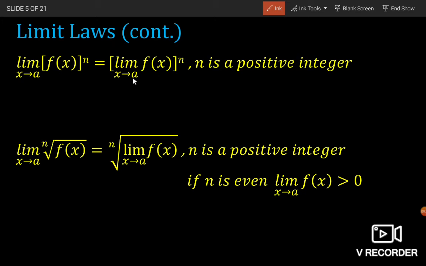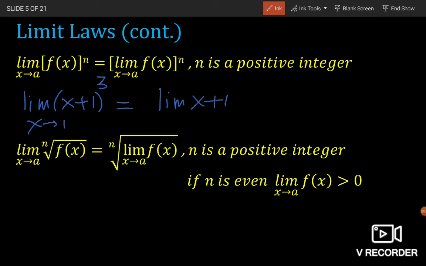So as an example, let's say we have the limit of x plus 1 raised to the third power as x approaches 1. This can also be expressed as the limit of x plus 1 as x approaches 1, and then you raise this whole expression to the third power.